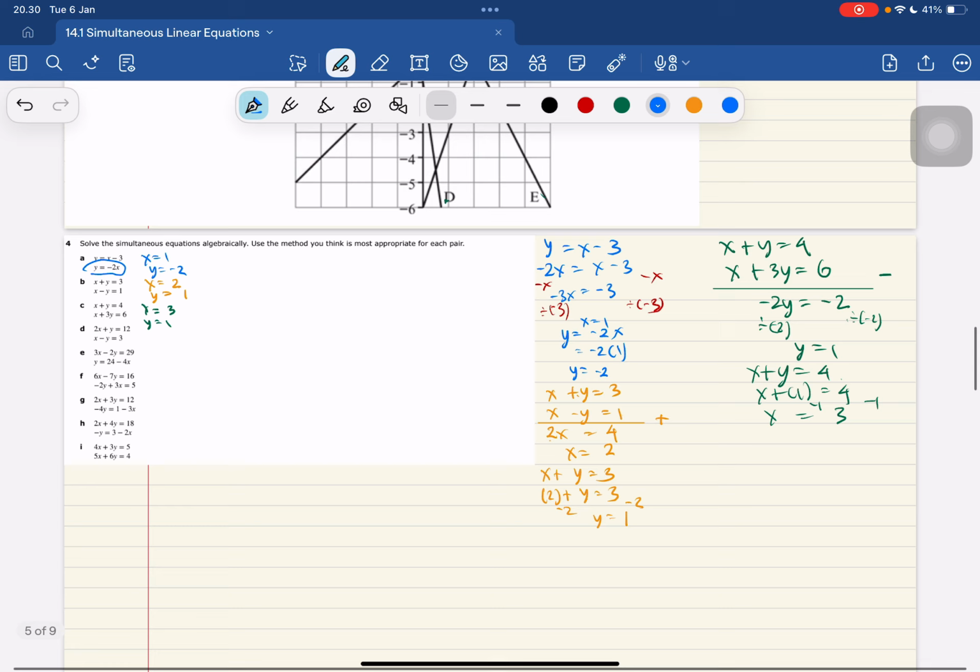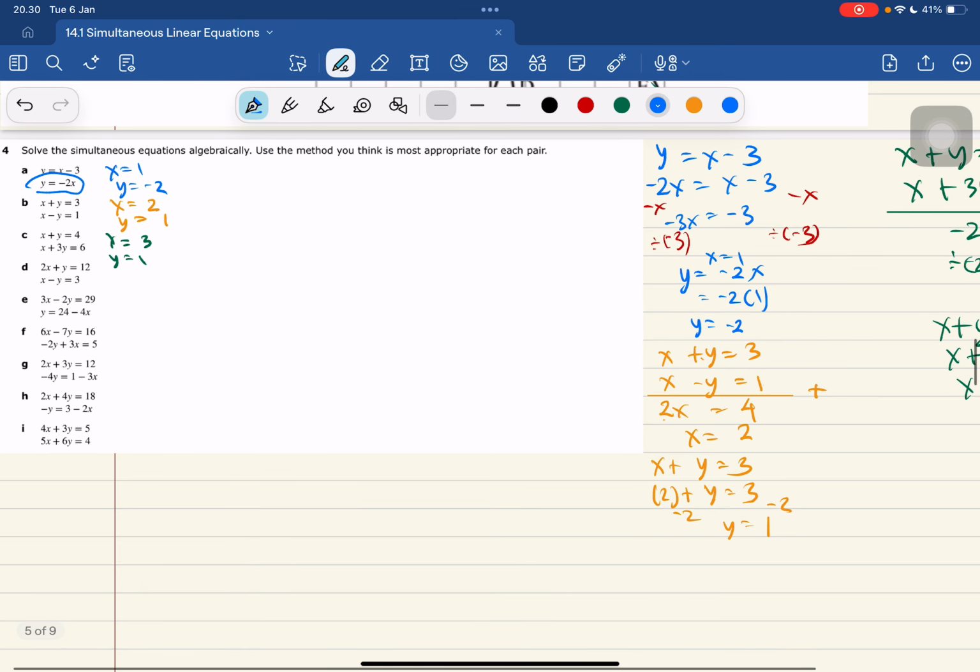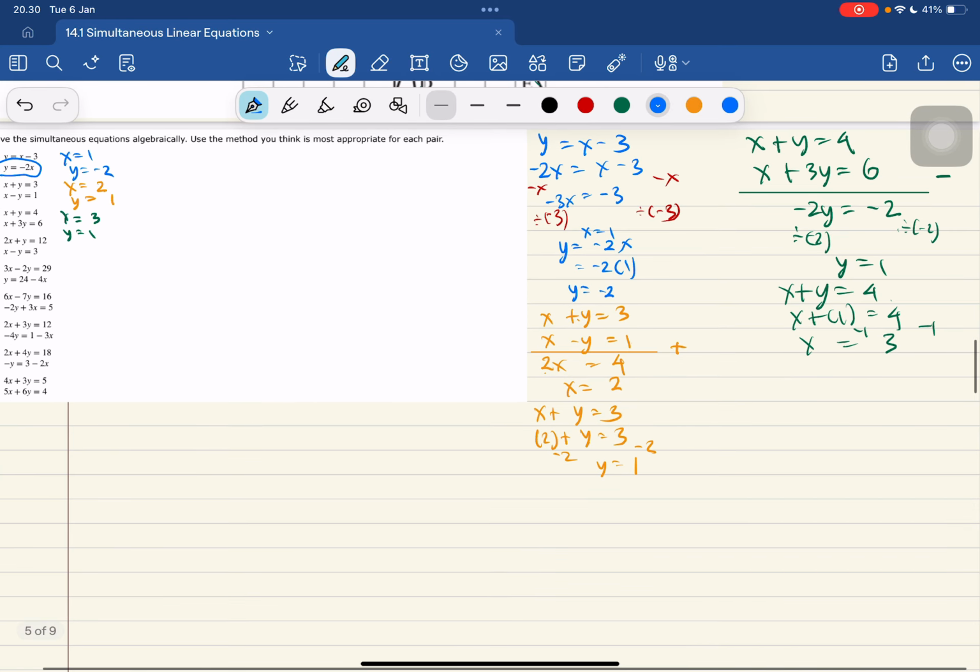Okay, next question. We've got 3x minus 2y equals 29, and then y equals 24 minus 4x. So we can substitute the value of y.